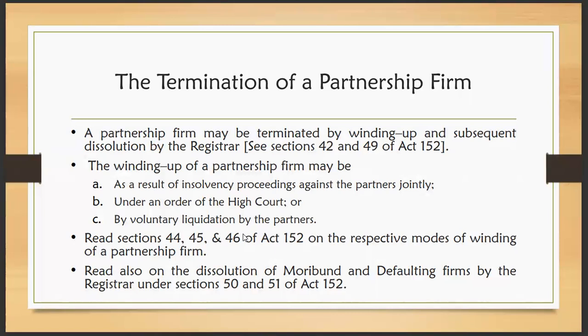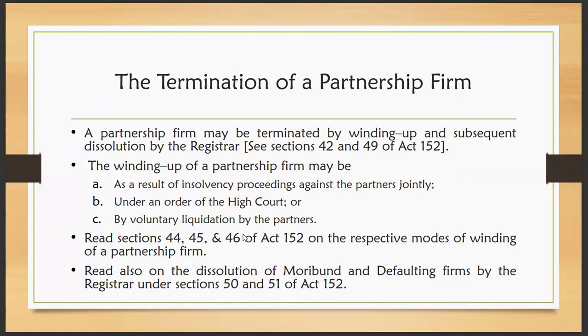And how is the winding up done? It may be as a result of insolvency proceedings against the partners jointly, where creditors of the partnership firm or even the state get so concerned that the partners are not able to pay their debts.